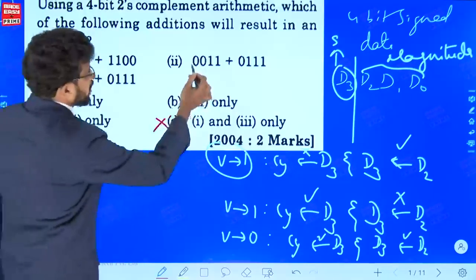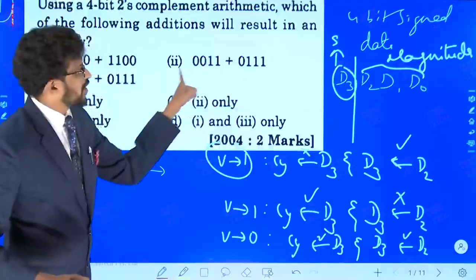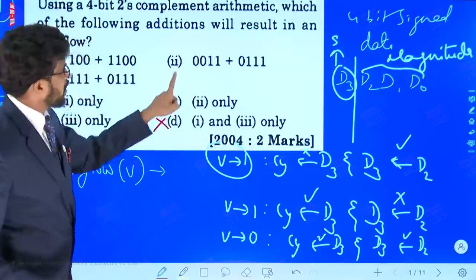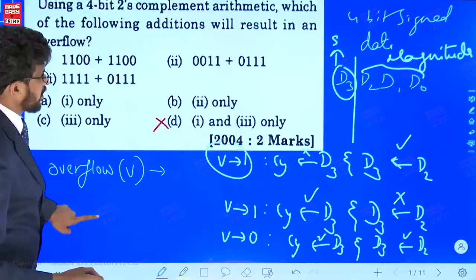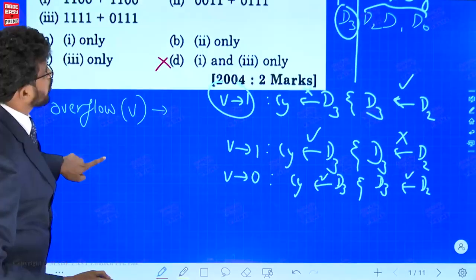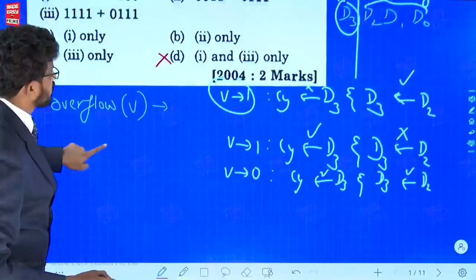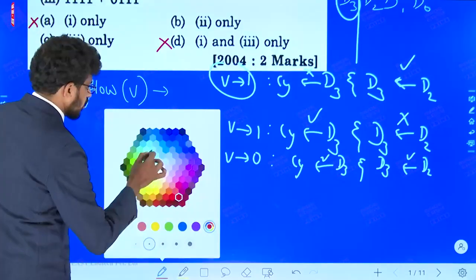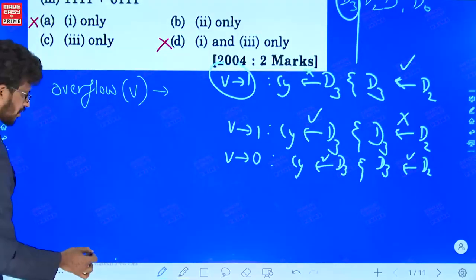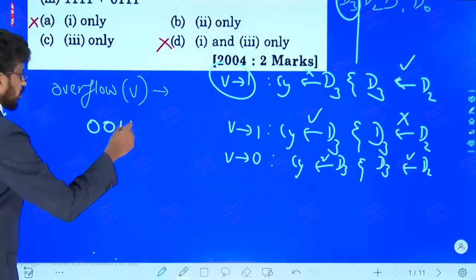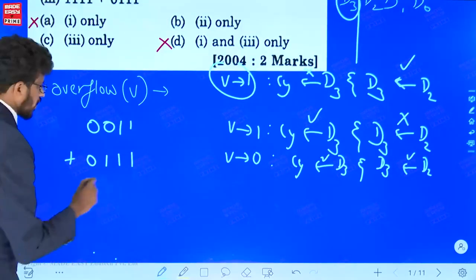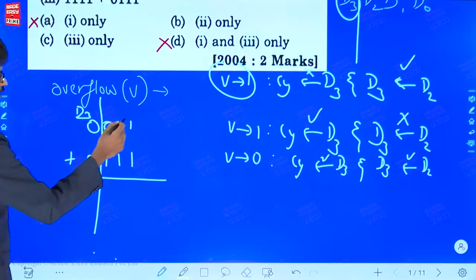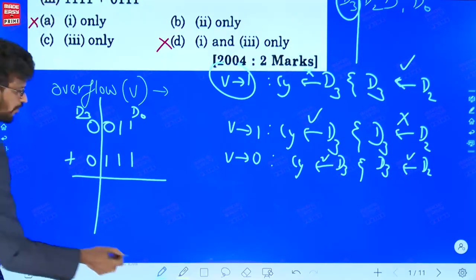Very simple. Tell me, these are also the same sign, but observe carefully what happens for the data. Now add this data. What is the data here? 0, 1, 1, 0, 7. Okay, that is 7. Now let us solve this data. Very simple. So here I am writing like this. 0, 0, 1, 1 plus 0, 1, 1, 1. Now observe carefully, forget about this bit. It is D3, this is D0.